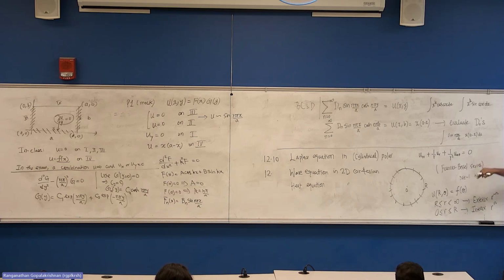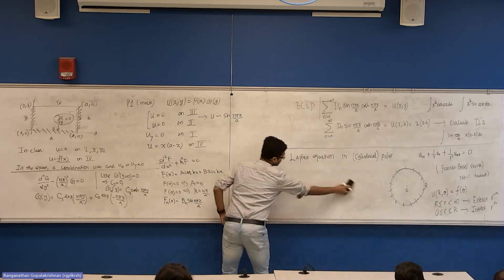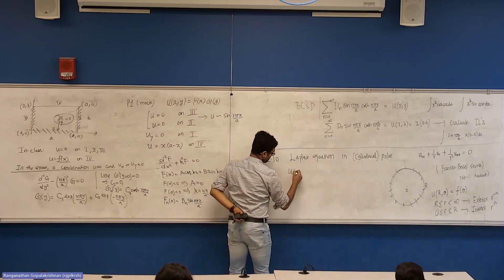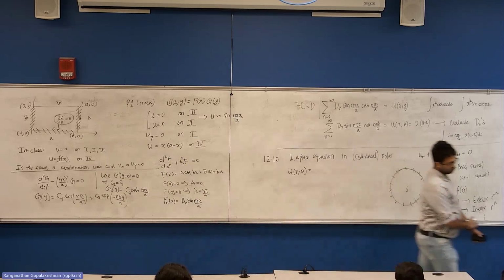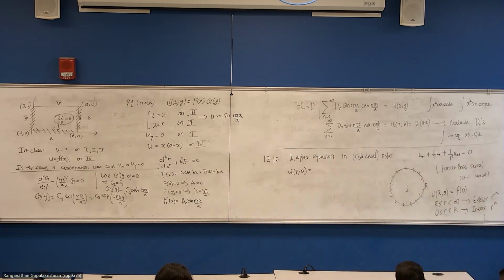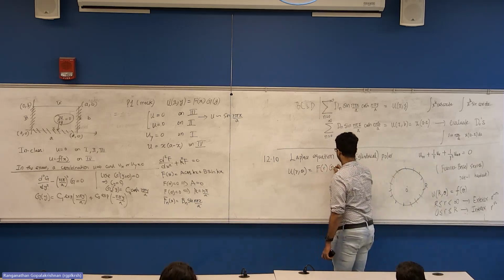In either case, the first few steps are similar. You will start with the statement of separation of variables, saying u of r comma theta is, what is the notation they use? W. W, and I will just use our own notation. We'll say F of r and G of theta.